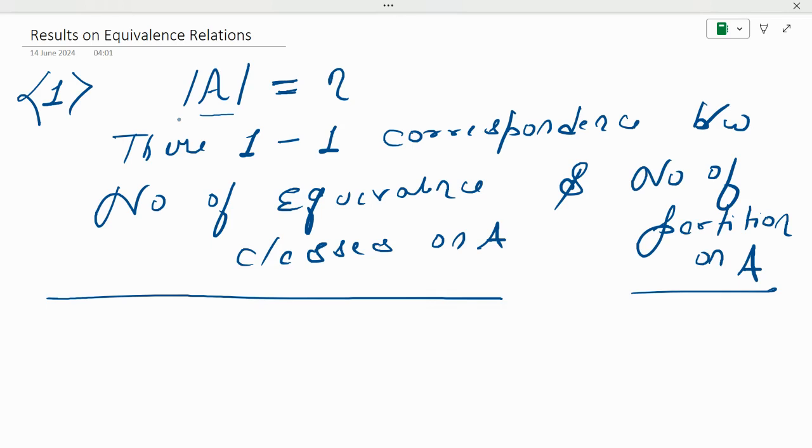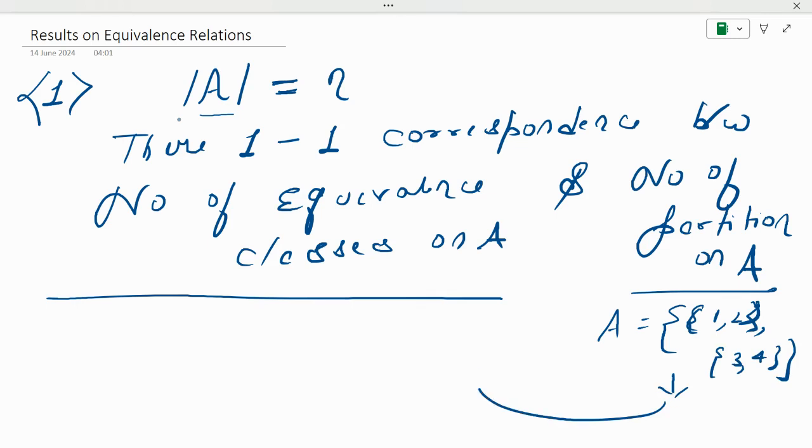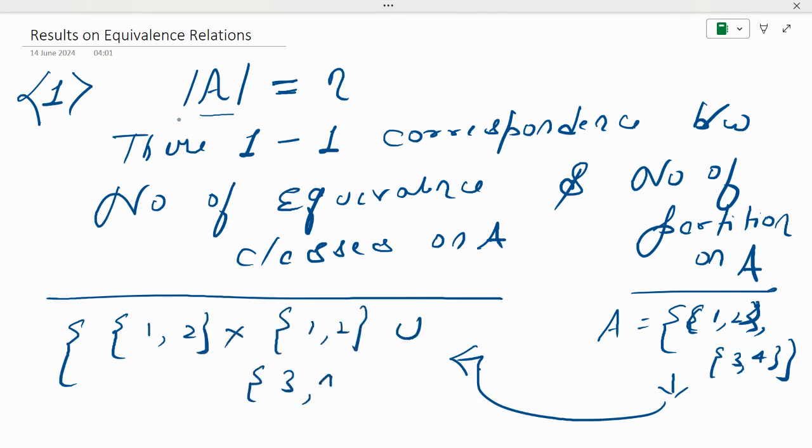Like if we have a partition on A defined as {1, 2} and {3, 4}, the equivalence class corresponding to this partition could be {1, 2} cross product {1, 2} union {3, 4} cross product {3, 4}.